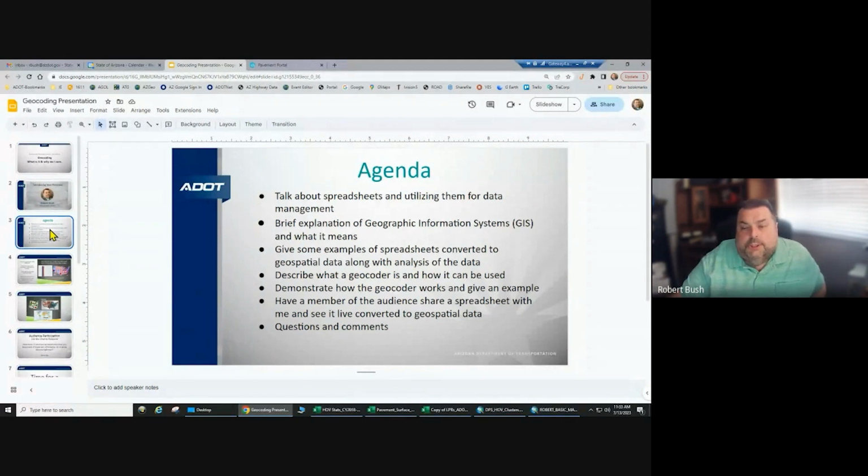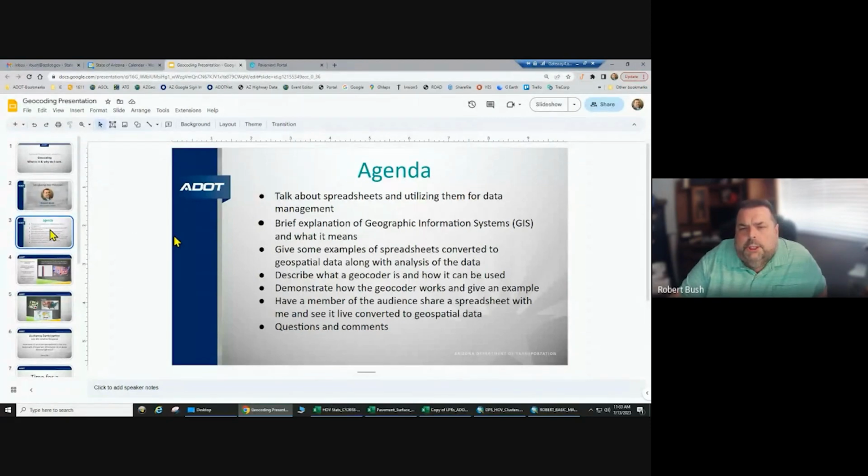We're going to demonstrate how the Geocoder works and even give an example. And then if someone in the audience is so inclined, we're going to have somebody submit some of their data, and I will do a live conversion of the data through the Geocoder so you can see what happens to it. And then obviously we'll wrap it up with questions and comments and feedback and everything like that.